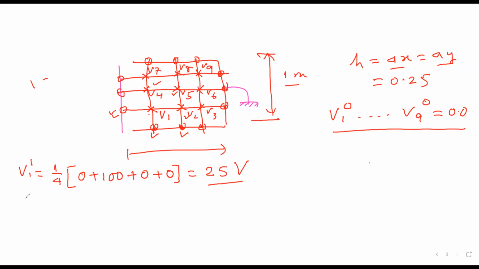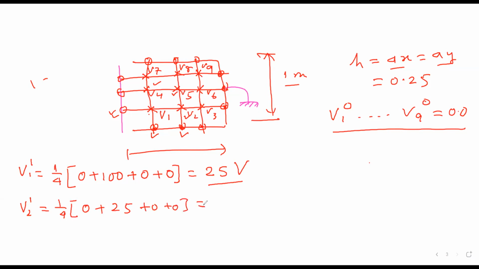Then your next potential point is V2, first iteration, equal to what? 1 divided by 4. And what are the potentials involved there? One boundary potential 0 volt. Another is V1, which you calculated from your previous value, 25. Your V5 is equal to 0. Your V3 is also equal to 0.